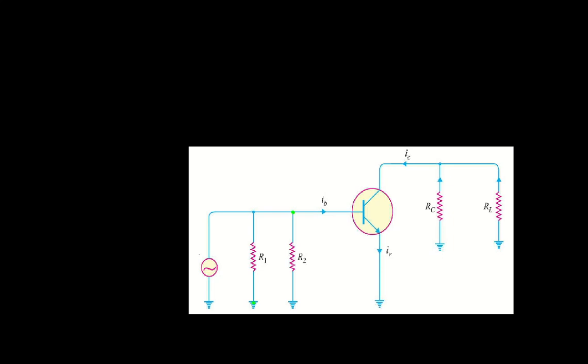One end of RC is connected to the collector terminal and the other end is grounded, and RL has one end grounded and the other end connected to the collector, since we have shorted the coupling capacitor CC. And this is the AC equivalent circuit of a common emitter transistor amplifier.